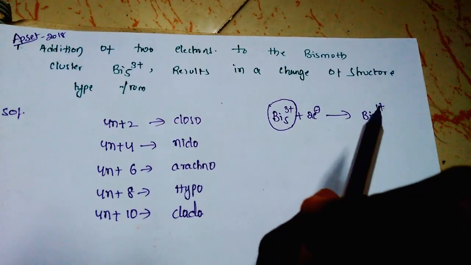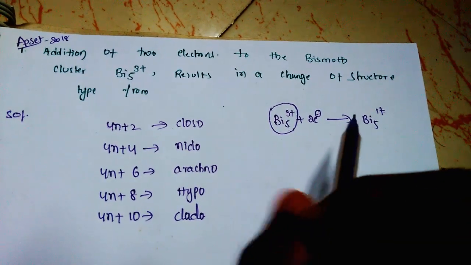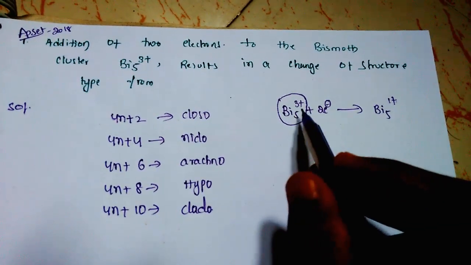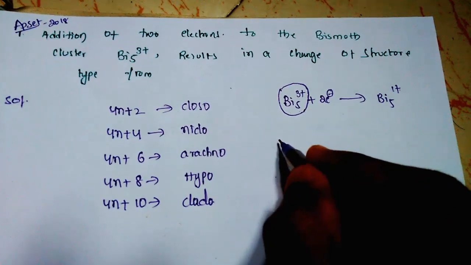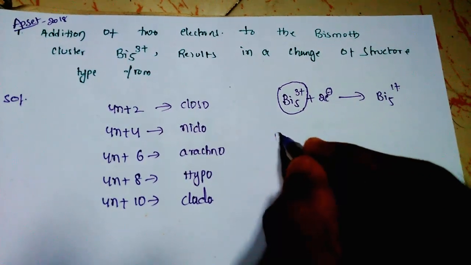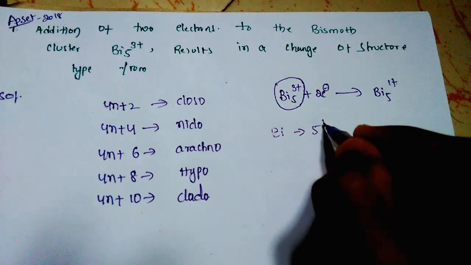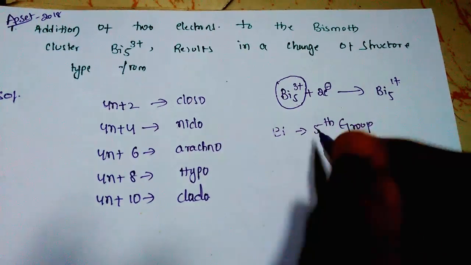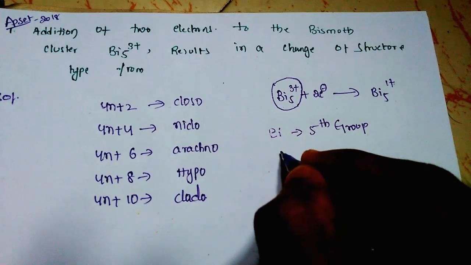it changes to Bi5 plus, that is the Bi5 monocation. So for this we have to solve the Bi5 3+ trication first. Look at this, bismuth belongs to the 5th group, so we have 5 bismuth atoms.